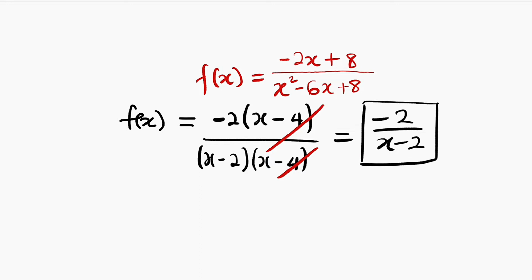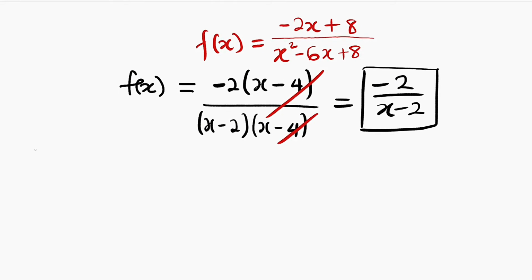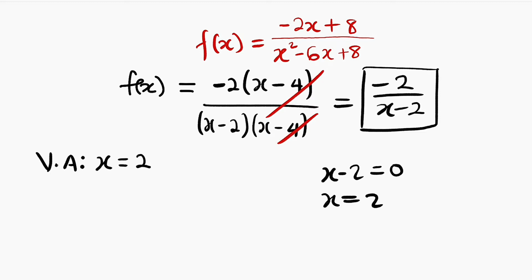All right, let us find our asymptotes. For the vertical asymptote, remember, if you want to obtain this, you're going to set the denominator equal to 0. So if x minus 2 is equal to 0, this implies that x is equal to 2. Therefore, we have our vertical asymptote at x equal to +2. What about the horizontal asymptote?